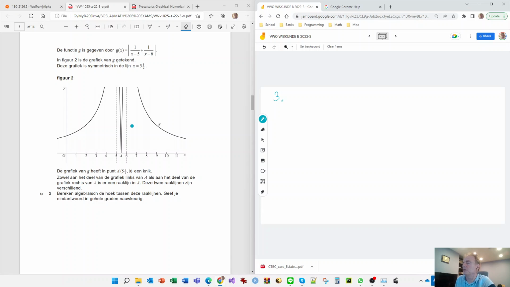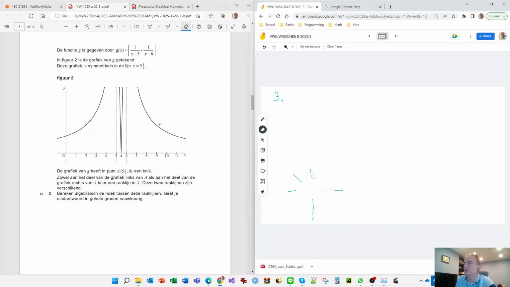Just as you will see if you draw the absolute value of x, which is a function like this. Here in this point, you can also see a knikpunt. Don't know what the right word in English is, but the derivative suddenly goes from some finite negative number to a positive number.